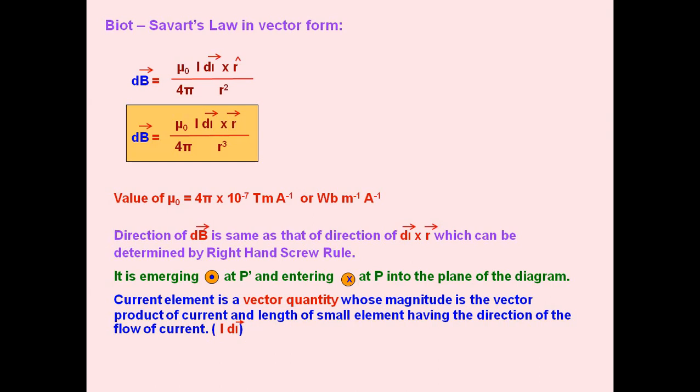It is emerging at point P dash and entering at P as shown in figure. So current carrying element is a vector quantity whose magnitude is the product of current and length of small element, having the direction of flow of current.